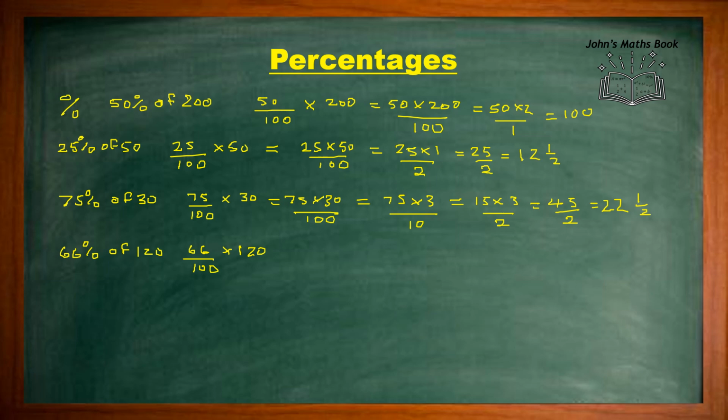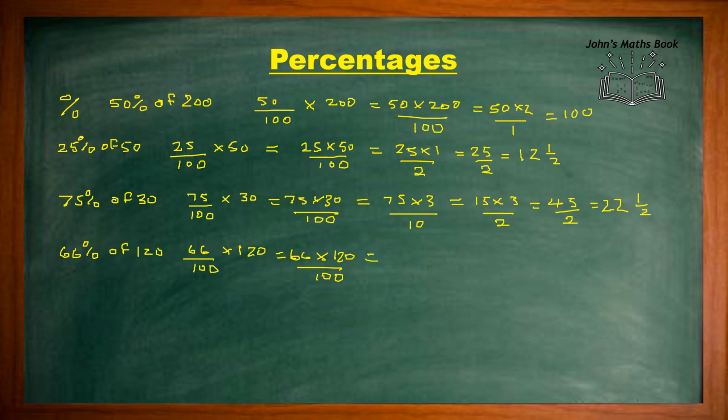So we can start by simplifying this, and we can say it's 66 times 120 over 100. So let's start by dividing 10 into the numerator and the denominator.